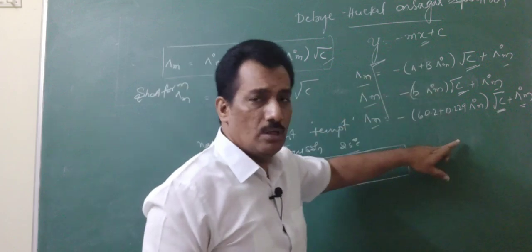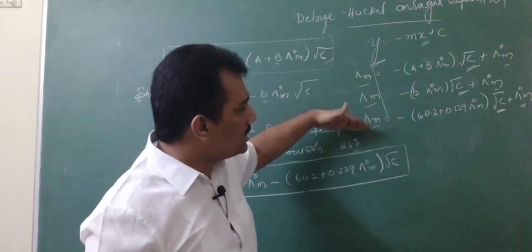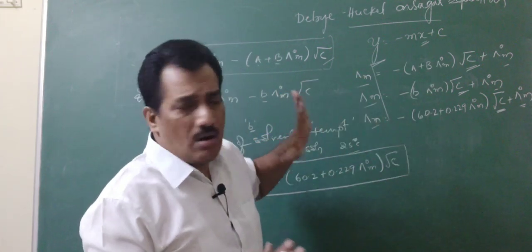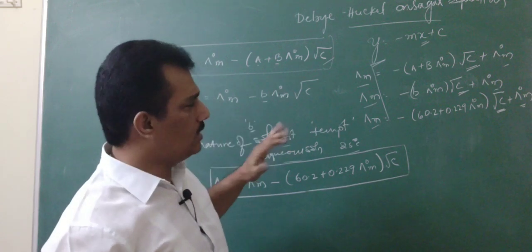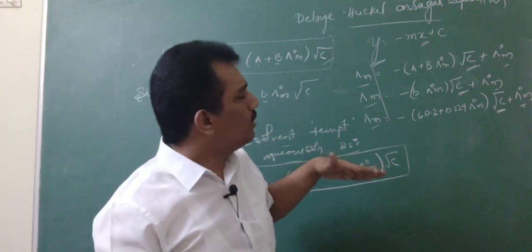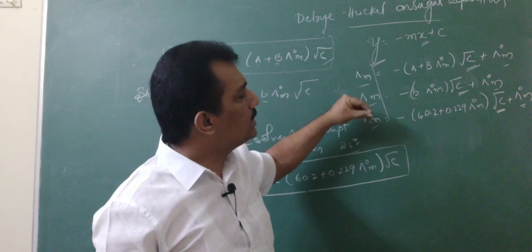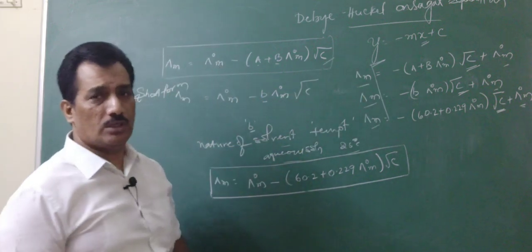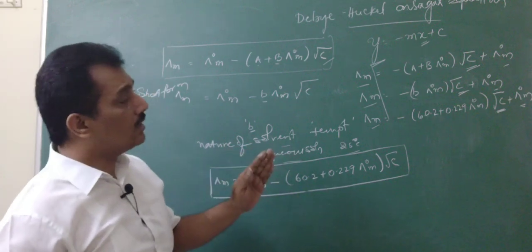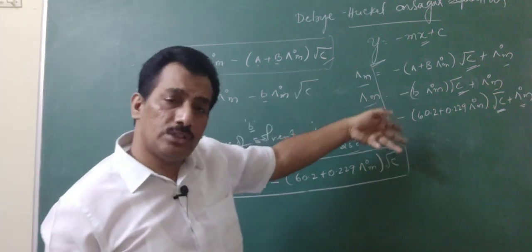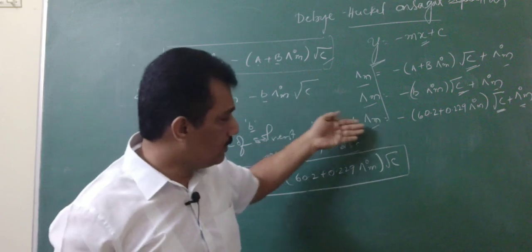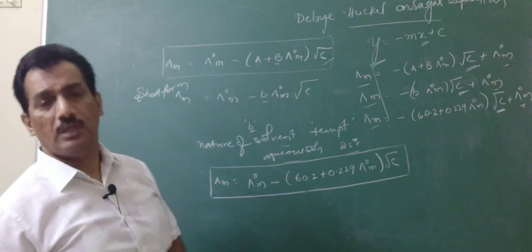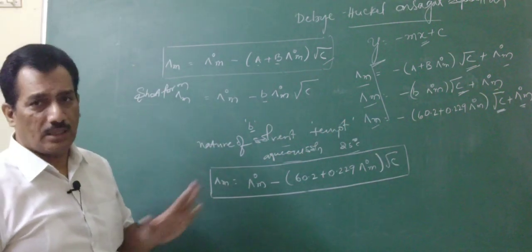So why I wrote all these equations: in general they are not asking for any numericals from this Onsager equation, they are just asking which of the following is the correct form of the Onsager equation, which is intercept, which is slope, what is the slope of this graph for aqueous solution, like that.